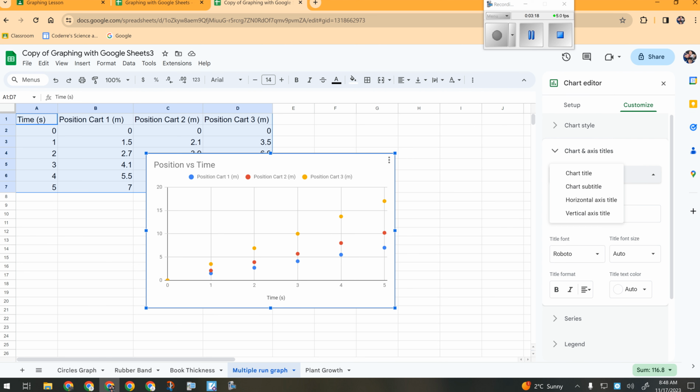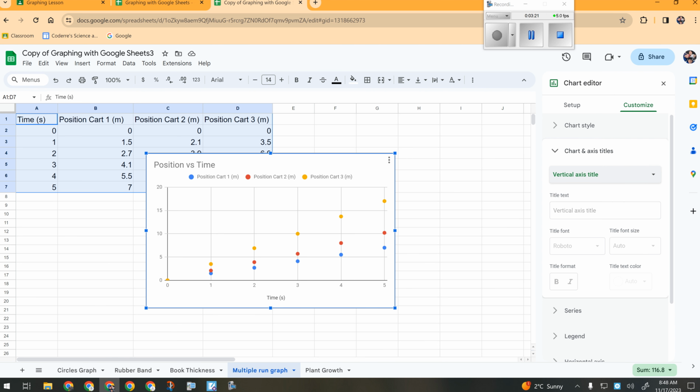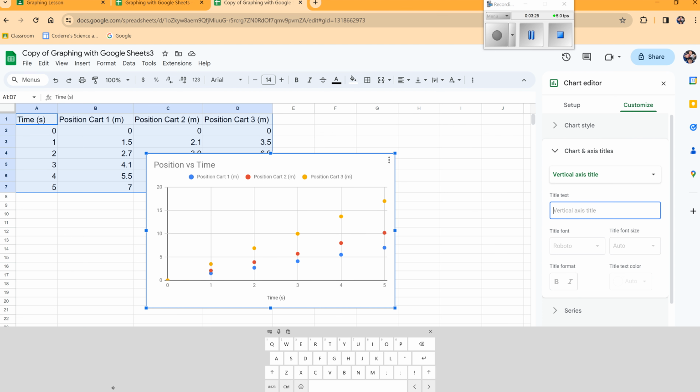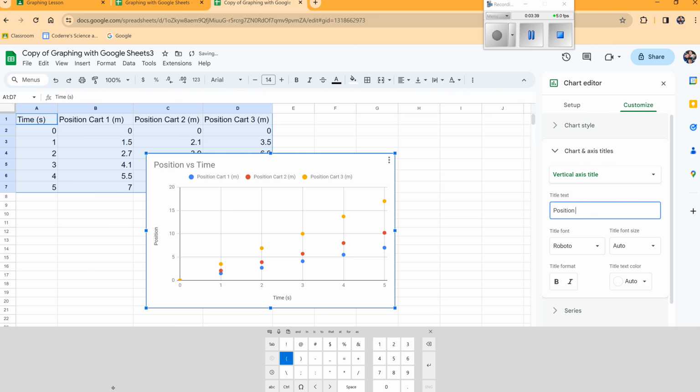So I'll click where it said chart title before, and I'll pick vertical axis title. Click in there. What's on that axis? Cart position. Position, yeah. In what? Meters. Okay, so I'm going to put both of those things in, position, and then a bracket, and a little m inside the bracket. Now I've got position in meters.